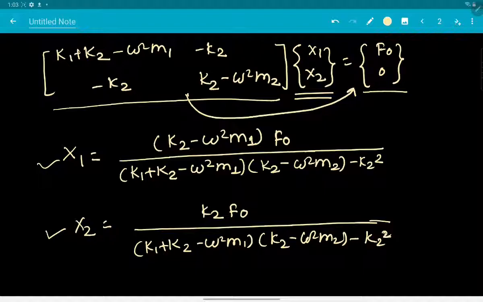I'll be replacing certain terms over here. That is, I'll be introducing omega n, which is the natural frequency of our basic primary system, equal to the square root of k1 by m1.